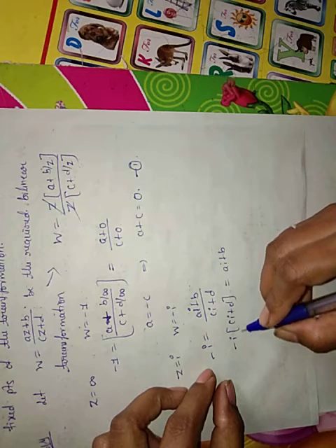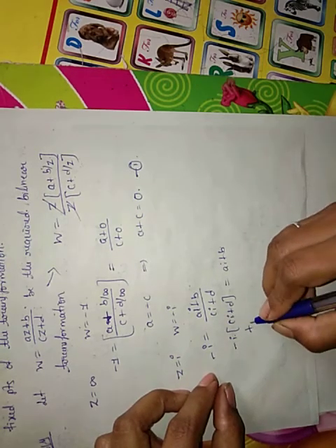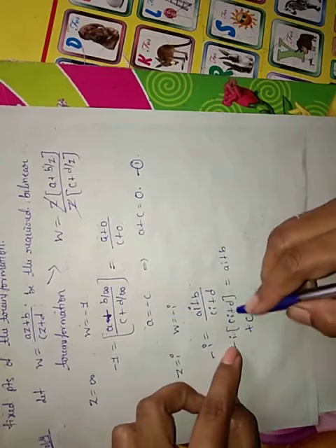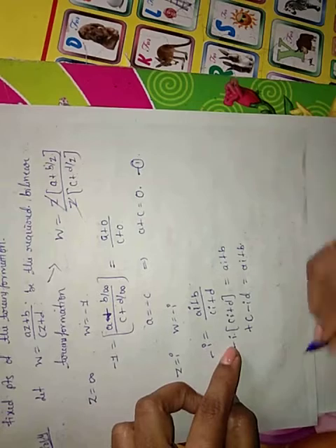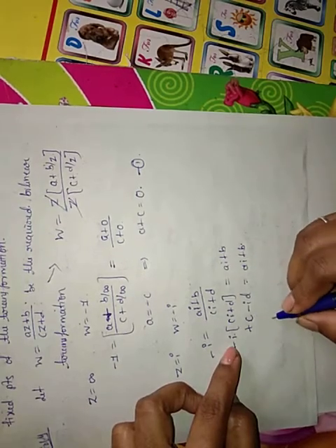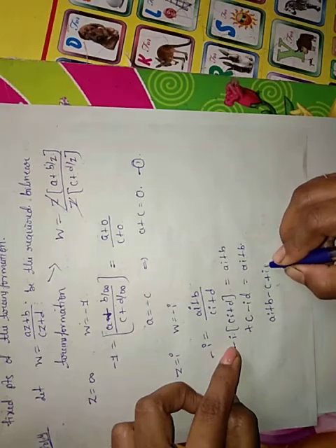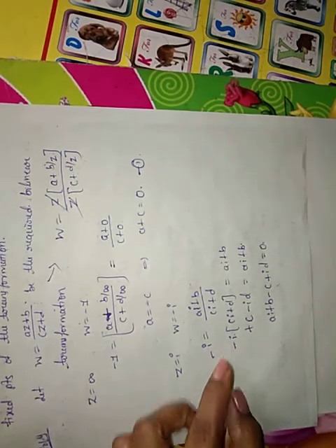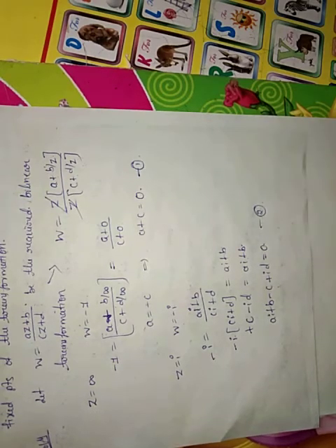Open the bracket: i into i is i square, which is minus 1, so minus into minus gives plus c. Minus id is equal to ai plus b. Take all terms onto one side: ai plus b minus c plus id is equal to 0. Call this equation 2.